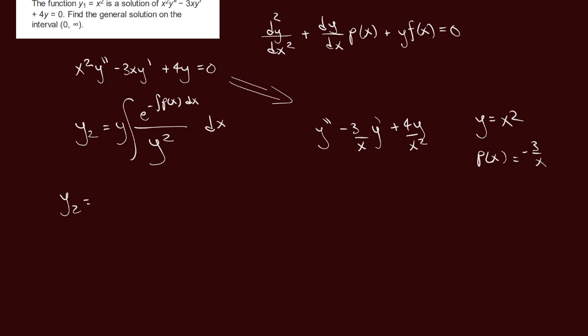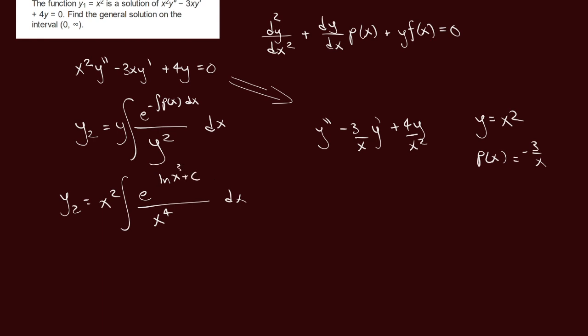So y2 was x squared integral of e to the power of the integral of p of x, which is minus 3 over x, dx, all over x squared to the power of 2 dx. So this is just x to the power of 1. We can take out this negative, so those negatives cancel out, and we can also take out a 3. So that's just ln of x, plus c at the end.